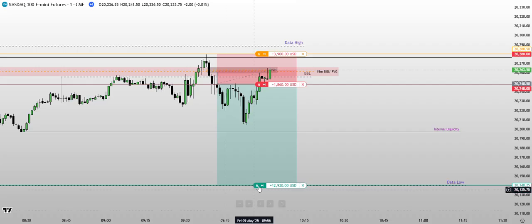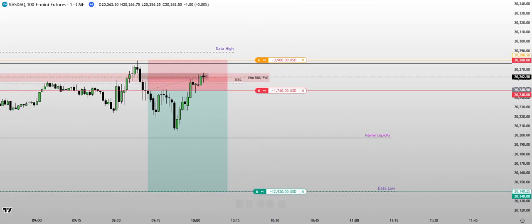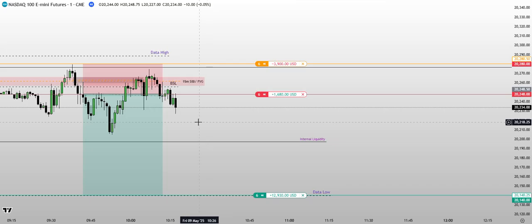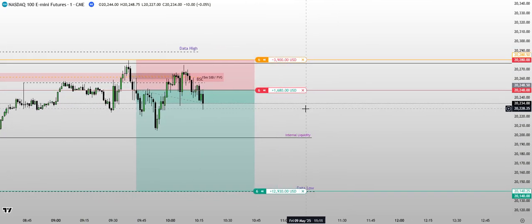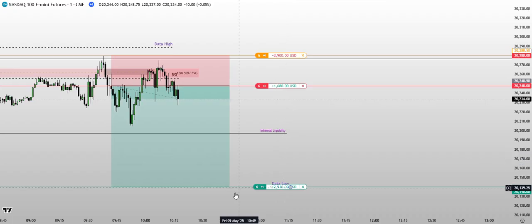Chopping around, not the cleanest delivering price. It is delivering pretty poorly here, but like I said, I still think this data low can be tapped.